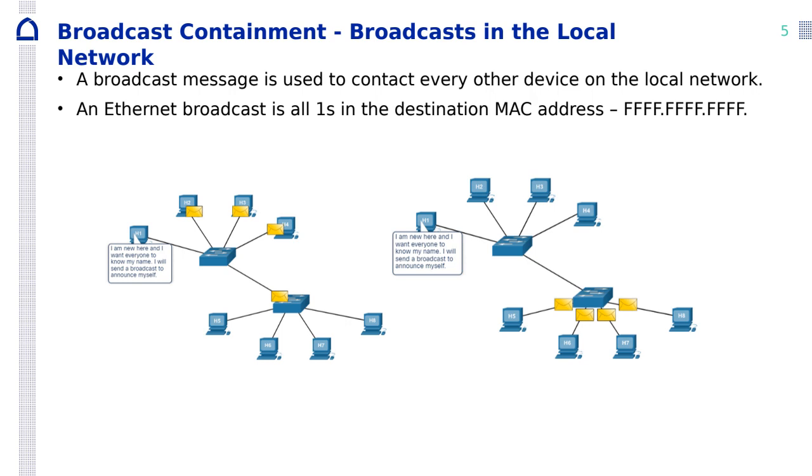Broadcast containment. Broadcast means that you are sending to all the hosts in the network. The router will block broadcast. So if I send to all hosts in this room, they are all connected to one switch, so no problem, it will go. But it will not go past the router. The router will block broadcast.